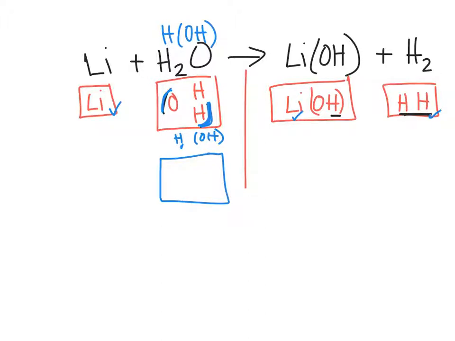So again, we're going to do it like that. Now I have my two hydrogens, 1, 2. I have 2 hydroxides, but I only have 1 hydroxide here. So what can I do? Add another box.